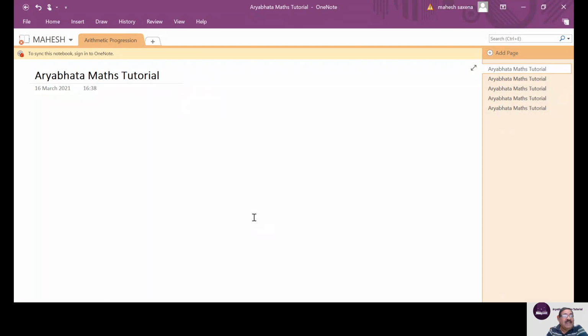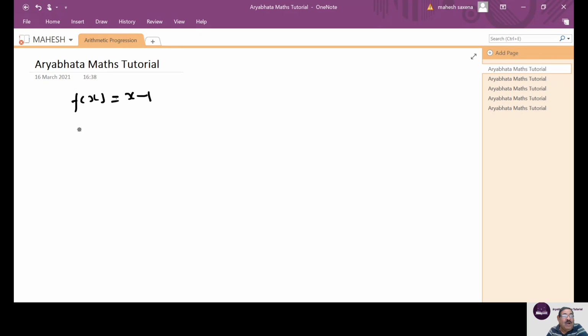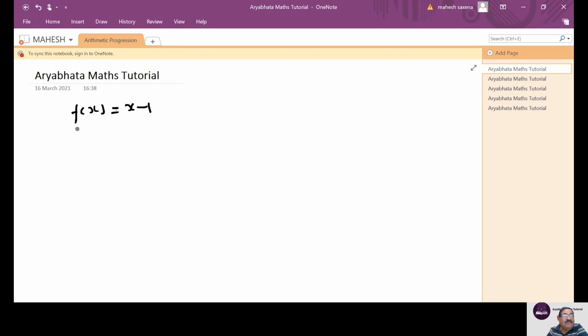Let a function f(x) be, first, f(x) = x minus 1. First, we will find the value of x for f(x) equal to 0. That is, if x minus 1 is equal to 0, it implies that x equals 1.